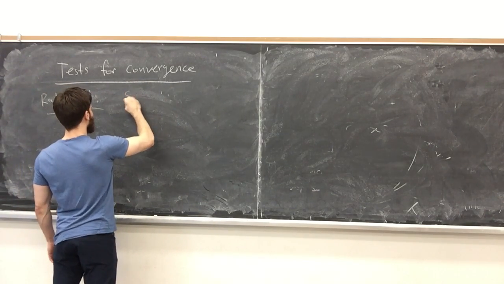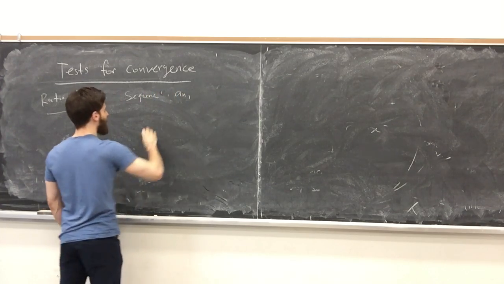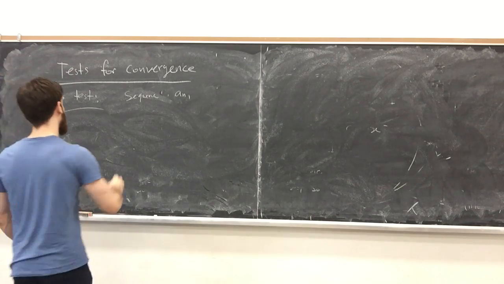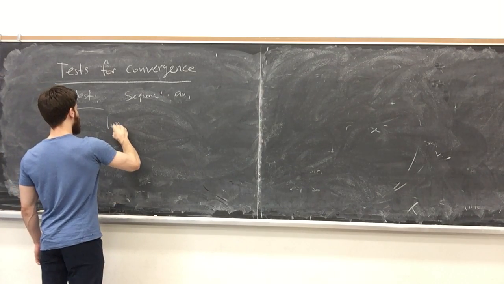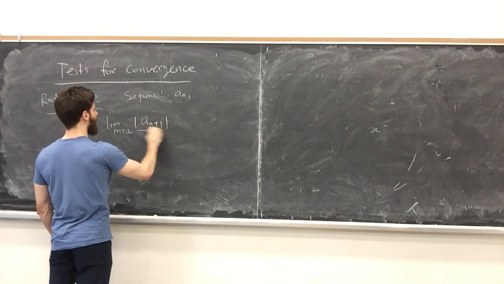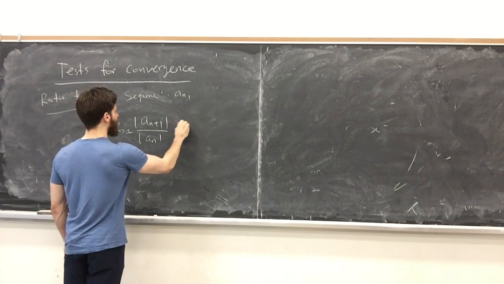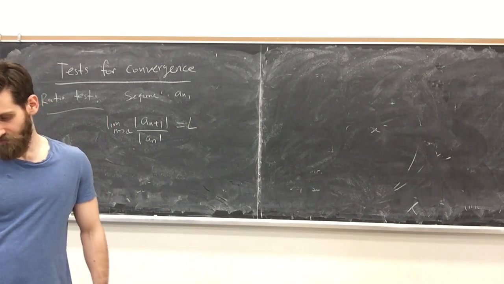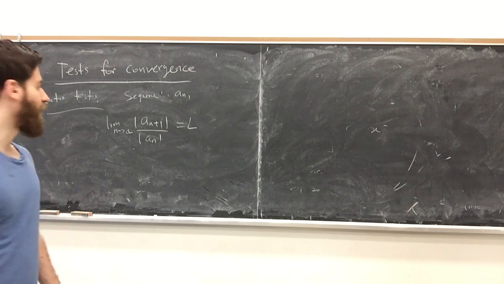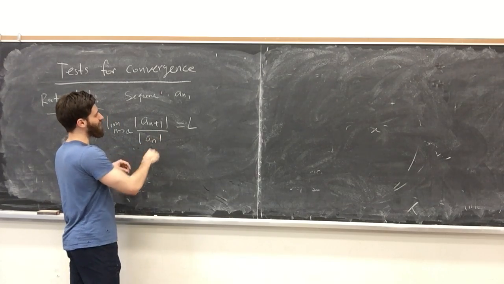So we have a sequence a_n. The ratio test says that suppose the limit as n goes to infinity of the ratios of a_{n+1} over a_n is equal to L. Then, well, I guess there's an issue here already. If a_n is 0, this doesn't make sense.